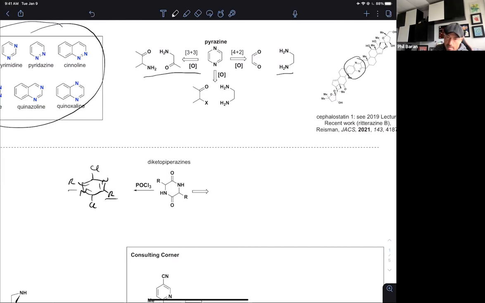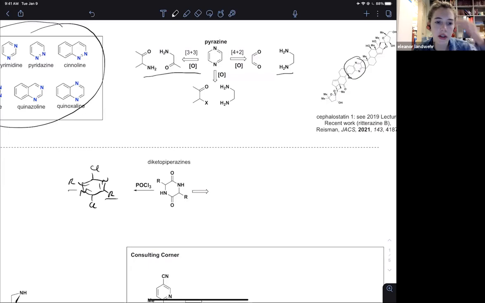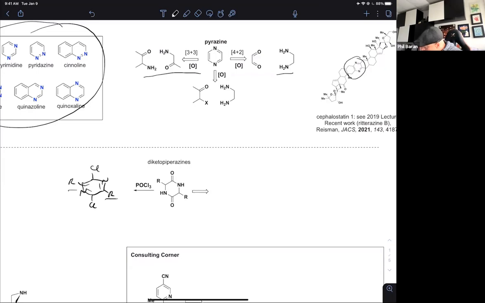Has anyone here in the class made a diketopyrazine before? No one's made a diketopyrazine. Can you anticipate what a good building block would be, Tawe, for a diketopyrazine? And how about Ellie? Maybe you could start with some sort of amide. Well, if we start with an amide, that certainly is correct.